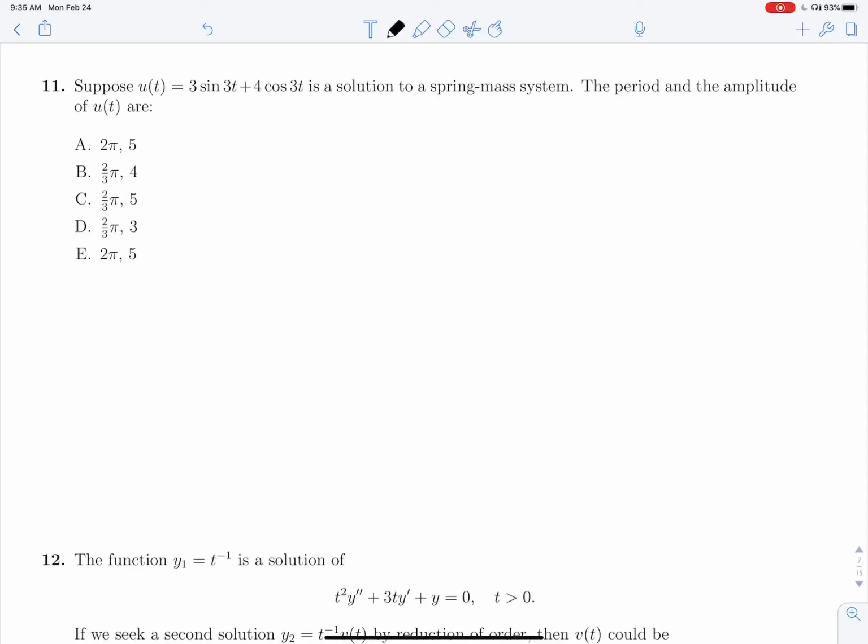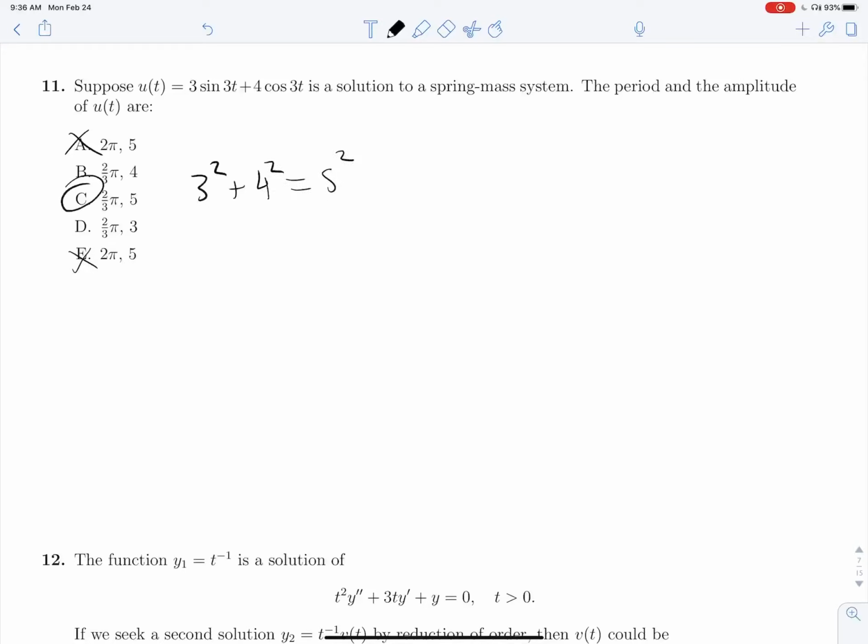So the period of this system is 2 pi divided by whatever we have in here. So 2 pi over 3. That already narrows it down to 3 options, and then I'm not sure if there's any rigor behind what I'm about to do, but I noticed that these two coefficients out here form a Pythagorean triple with 5, aka 3 squared plus 4 squared equals 5 squared.